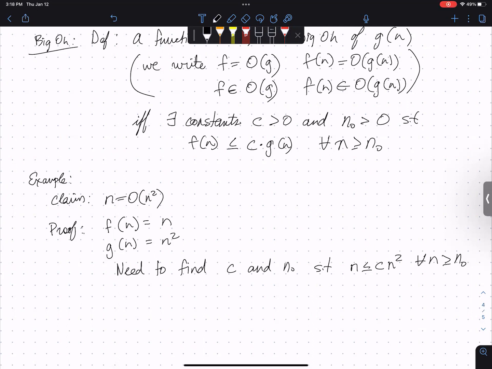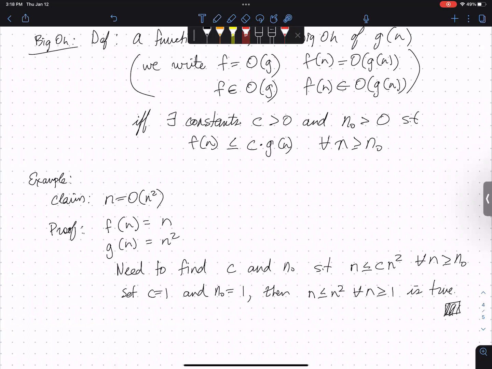So if we set c equal to 1 and n naught equal to 1, then we have n less than or equal to n squared for all n greater than or equal to 1 is true. That proves that n is big O of n squared.